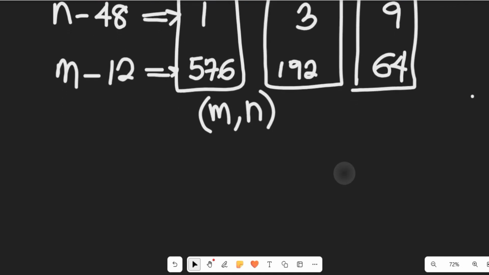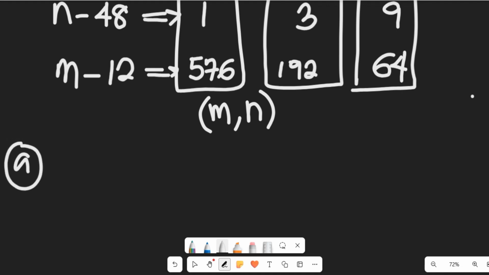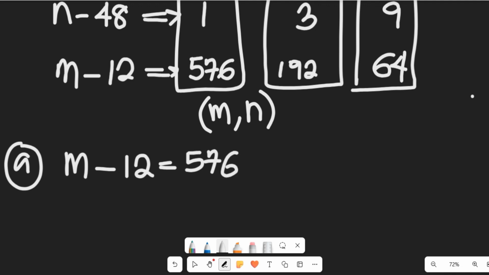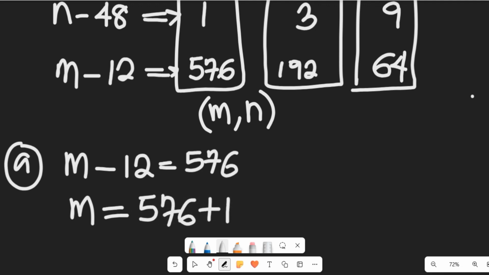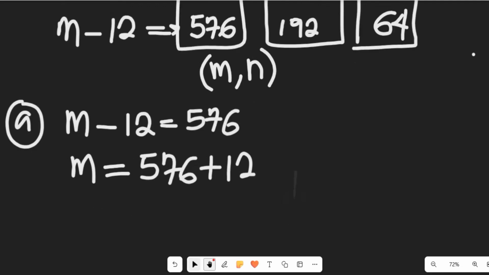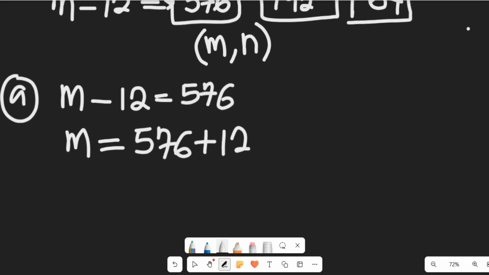The first set is number 1 and 576. So that means if m minus 12 is equal to 576, the value of our m here will be equal to 576 plus 12. Is that not so? And then if we add it together, we see that our m will be equal to 588.